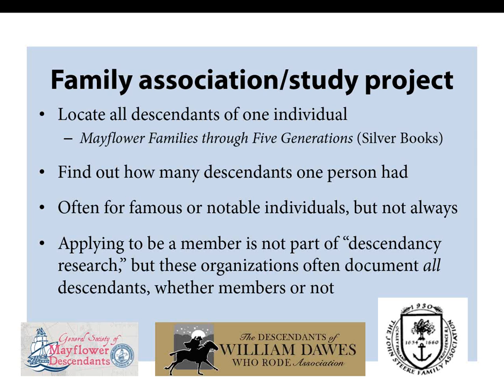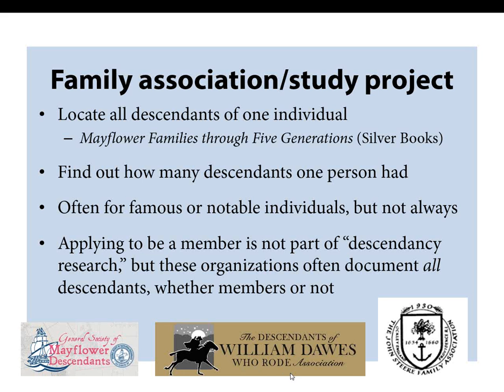In doing this type of project, you can find out how many descendants one person had. And there are a lot of groups out there for the descendants of famous or notable individuals. There may also be groups out there for descendants of not so famous individuals. I've got a few examples up on the screen right now. Most of you are probably familiar with the General Society of Mayflower Descendants.